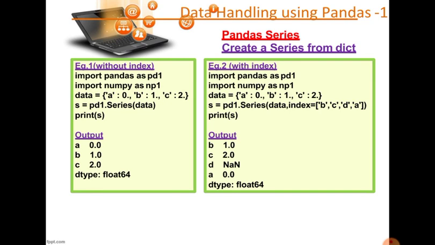Output: b 1.0, c 2.0, d NaN, a 0.0, dtype float64.